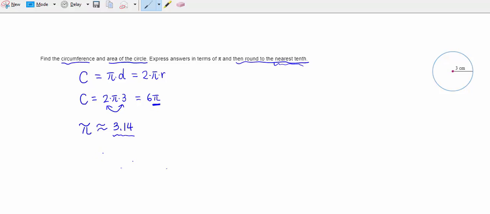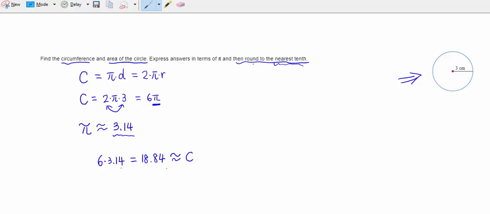So let's do that. 6 times 3.14 will equal 18.84. So this is an estimate of the circumference. Since it is only an estimate, we use the squiggly equal sign. So we say the circumference of the circle here is approximately 18.84.